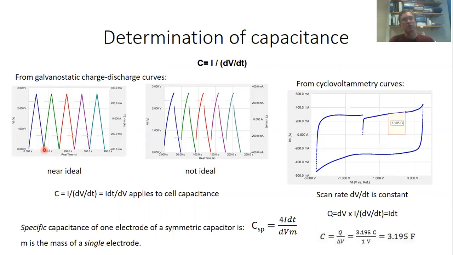And you can repeat this over multiple cycles. So here you just see a second cycle, third cycle, fourth cycle, and the fifth cycle. And ideally, the curves are always identical. That tells you that your capacitor doesn't change as you cycle it multiple times. Particularly, your capacitor doesn't deteriorate over the time.